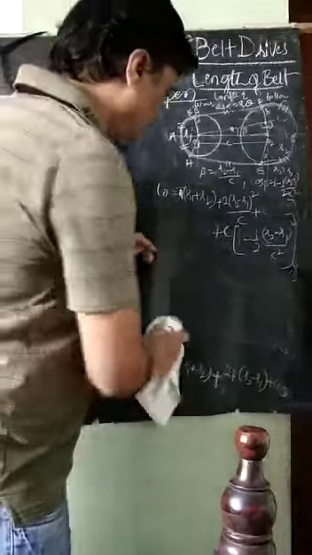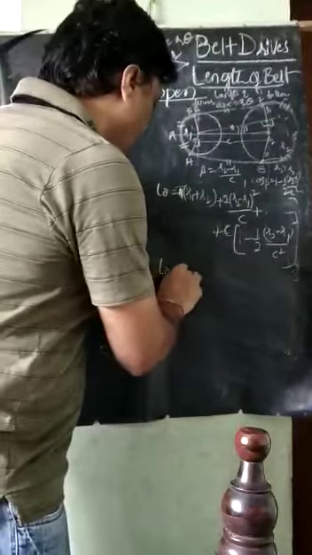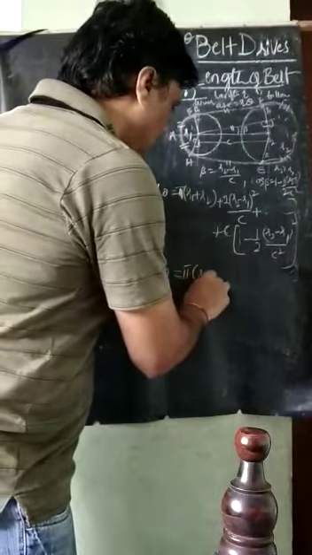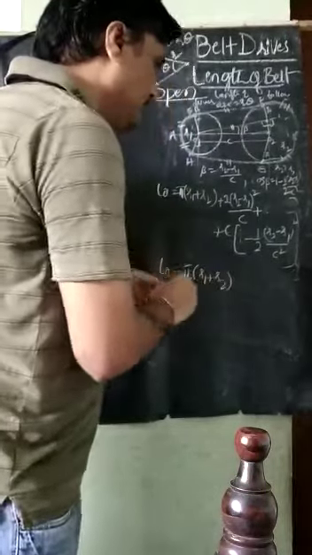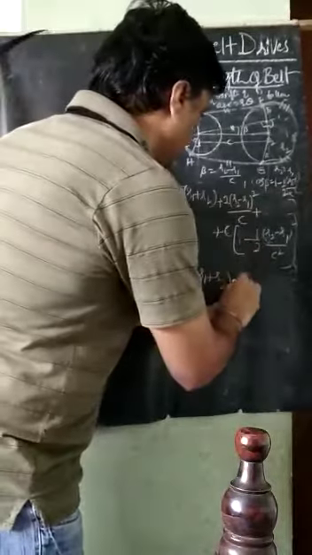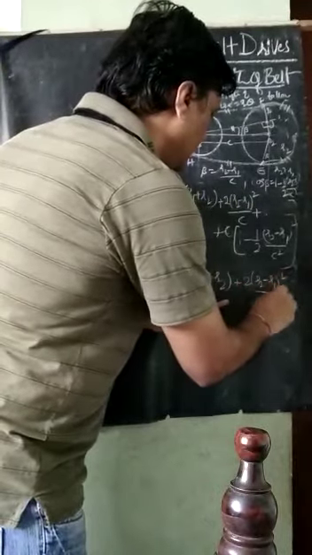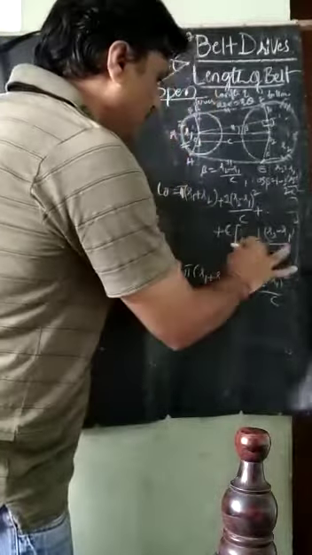Next, I will simplify it here. If I simplify, what am I getting? LO is equal to pi in the bracket R1 plus R2. So what I can simplify here, I will just expand it. So 2 times R2 minus R1 squared divided by C, as it is I am writing. Then I will expand this one.